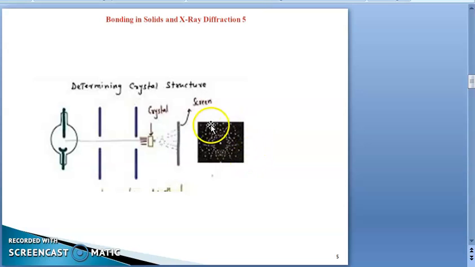If we observe this pattern, then we can judge the translational vectors like A, B and C in detail. So in this way, with the help of the X-ray diffraction method, by using the Laue method, one can easily find the translational vectors of a solid crystal.